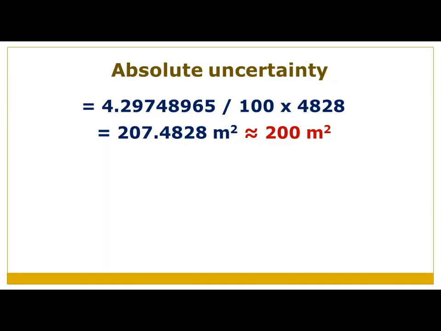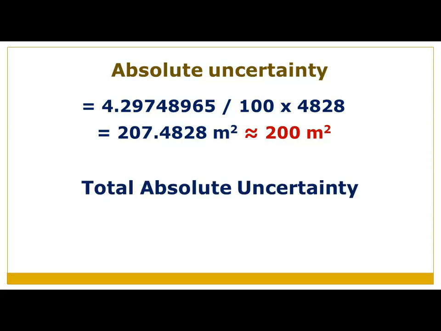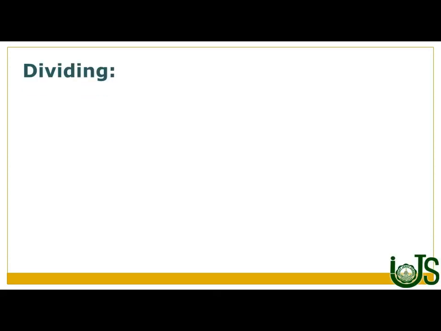So your absolute uncertainty will be 207.4828 meters squared, or approximately 200 meters squared, since one significant figure lang yung given sa problem. So your total absolute uncertainty will be 4,800 ± 200 meters squared.